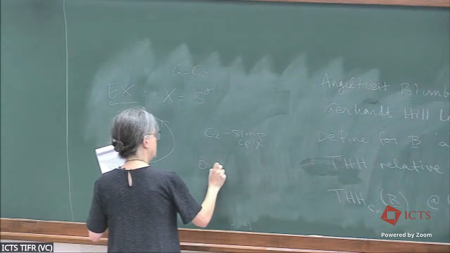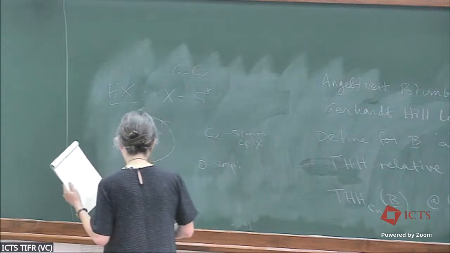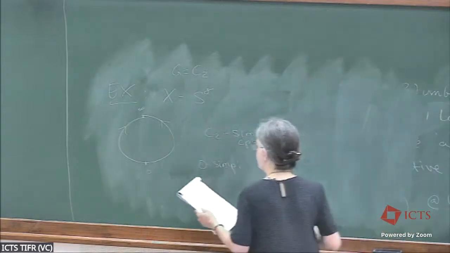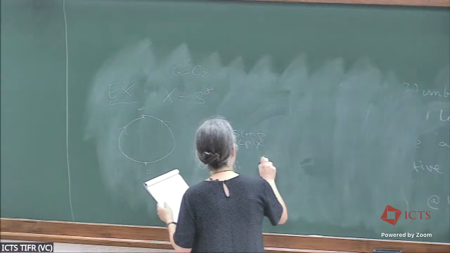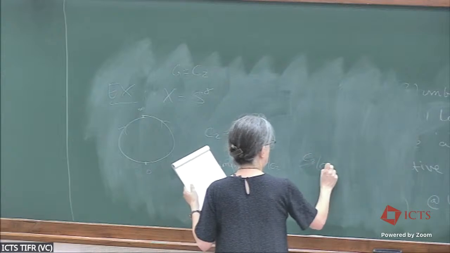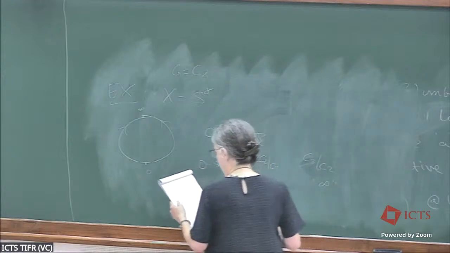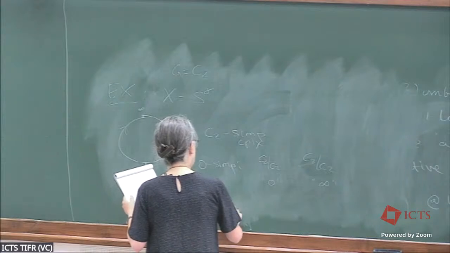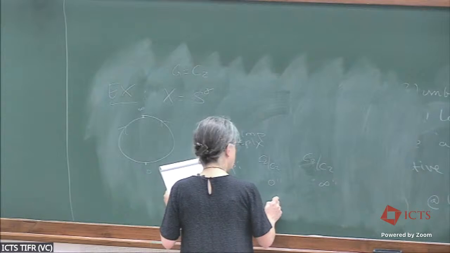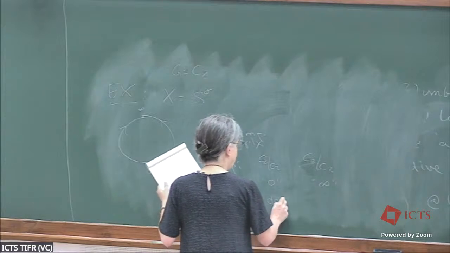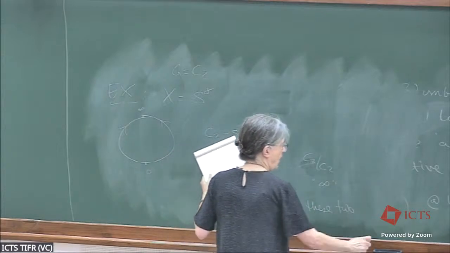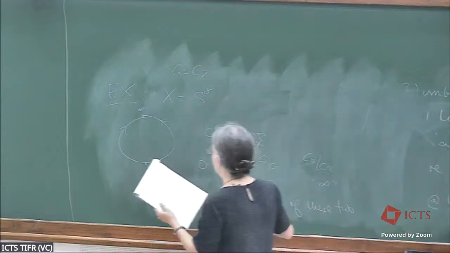And the zero simplices: here I have 2 kinds of orbits. The zero simplices are C2/C2 that's called 0, and C2/C2 that's called infinity. And the one simplex is degeneracies of these two. I'm going to call this maybe e.